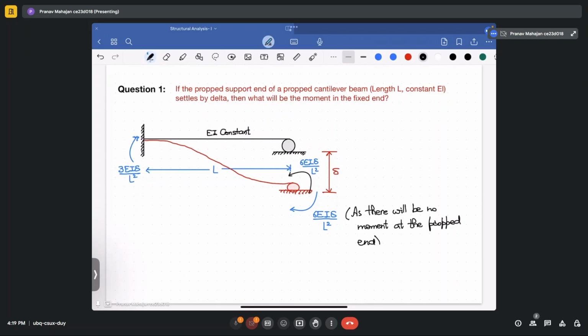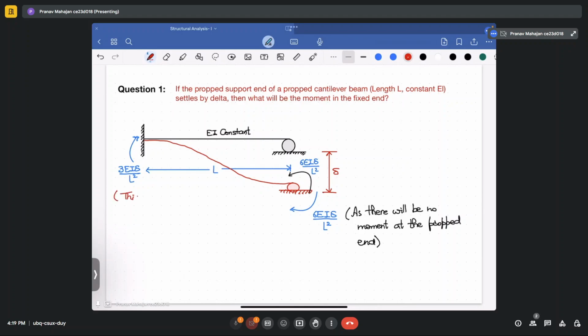Okay, because due to settlement, the 6 EI delta upon L square will come into picture. So to make this propped system have zero bending moment at that particular support, we will apply a moment of the same amount but in counter direction, that is clockwise direction. So based upon that, this is the carryover moment.